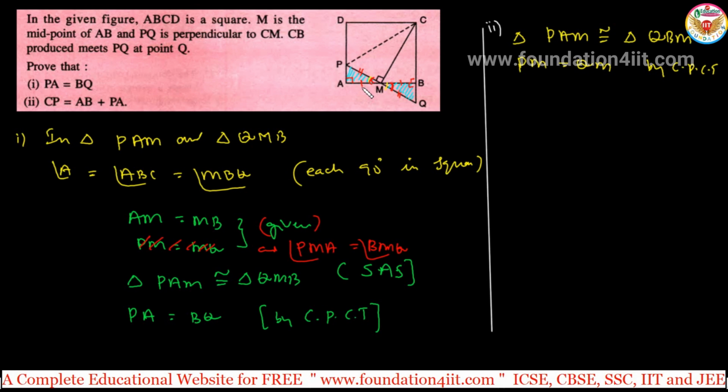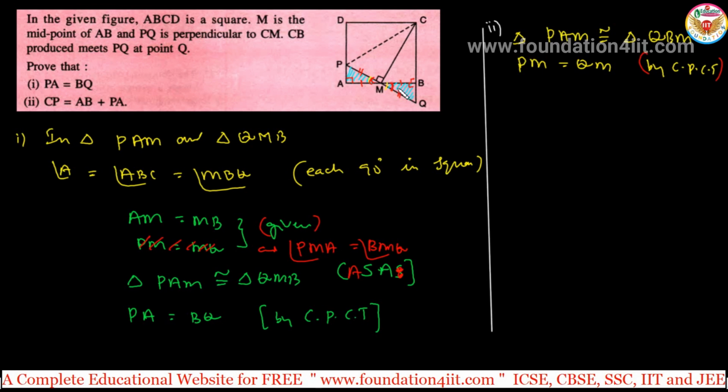So angle side angle, two angles and one side, we can use. Don't take this one because you are proving the second one. PM is equal to QM by CPCT. PM is equal to MQ or QM.